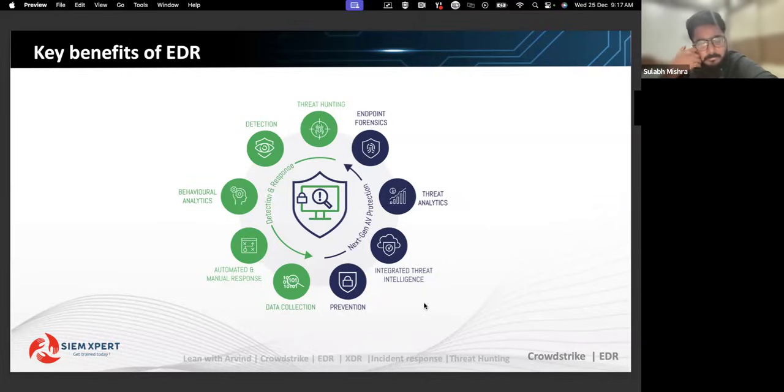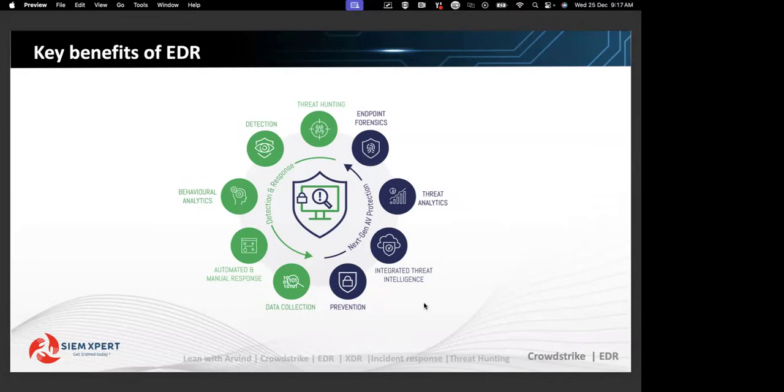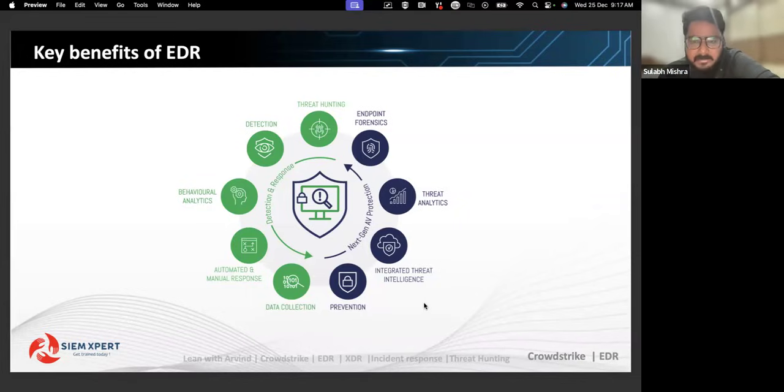Okay, let me give you a simple example to understand. Do you all know 7-zip files, right? Do you know how to encrypt the files? Yes. How to zip and encrypt? So is encryption of files a malicious behavior by default?